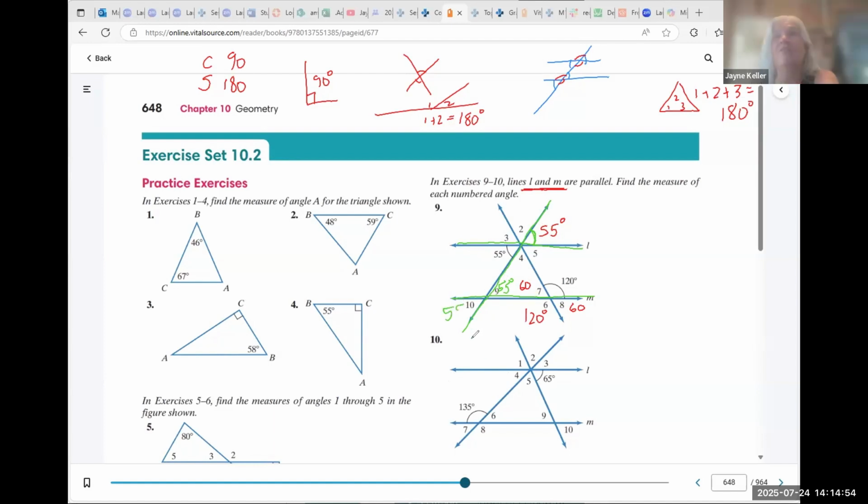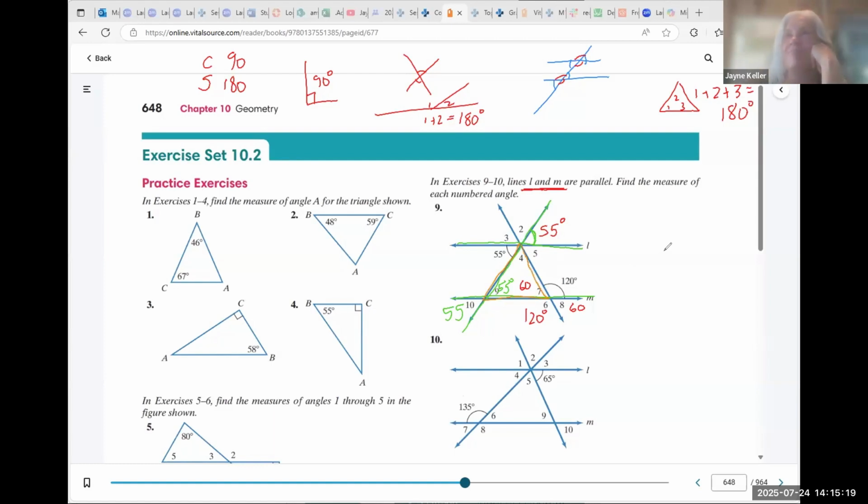Yeah, so 55. Now, how can I get 4? Wouldn't you have to find what 2 is? Or wait, 4 is in the triangle. Yes, that's right. So now we've got this triangle here.